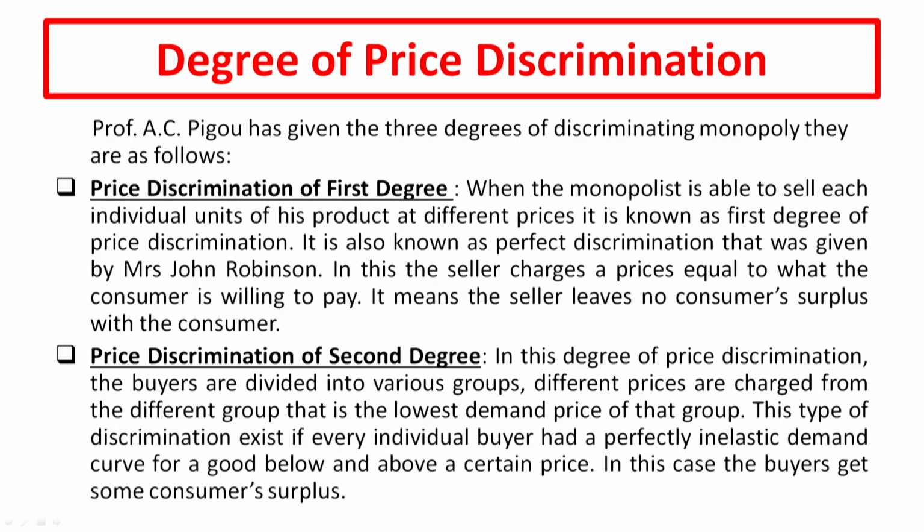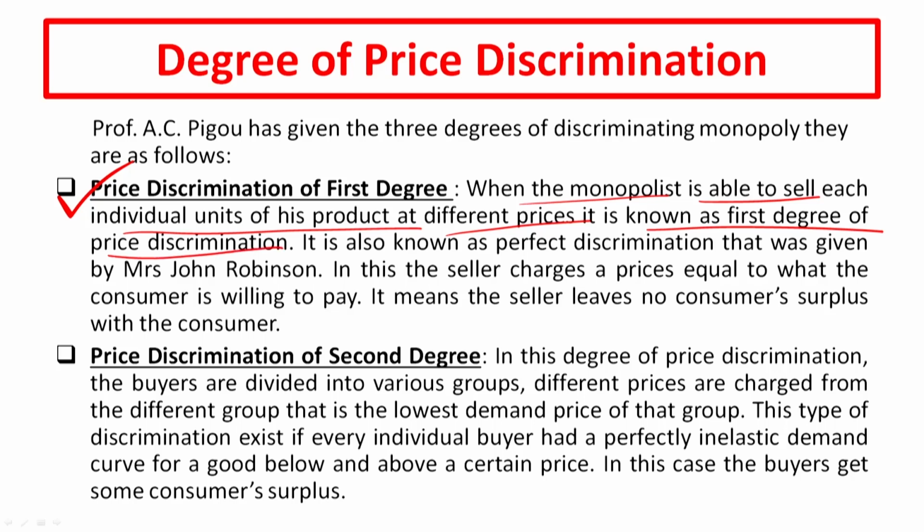Starting with the first one, price discrimination of first degree. When the monopolist is able to sell each individual unit of his product at different prices, it is known as first degree of price discrimination.